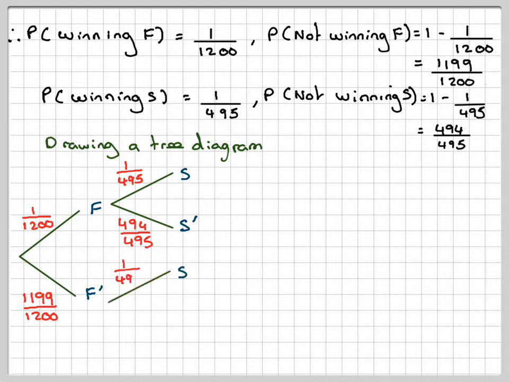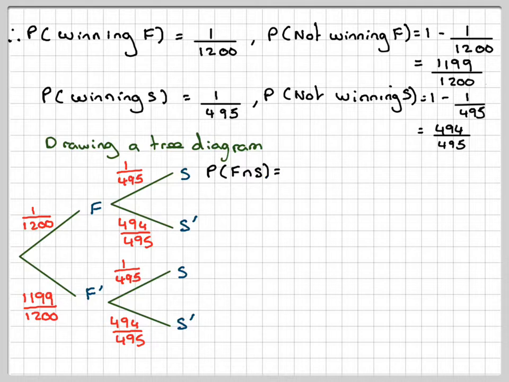If she does not win the Friday, the probability of winning the Saturday is still 1 over 495, and the probability of not winning is 494 divided by 495.